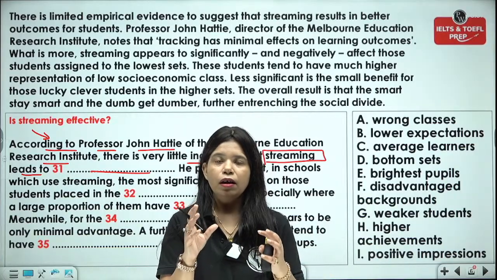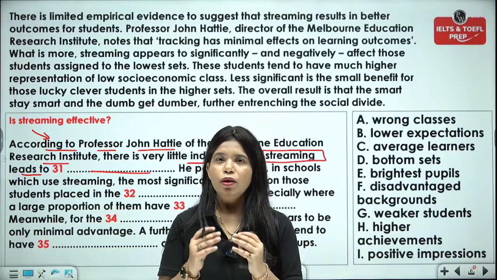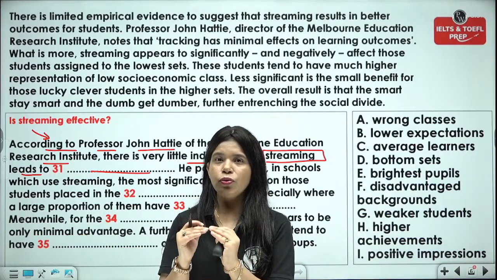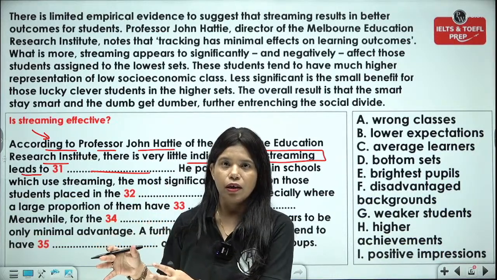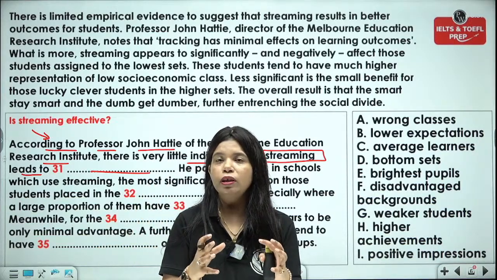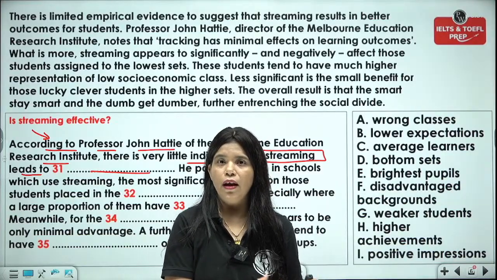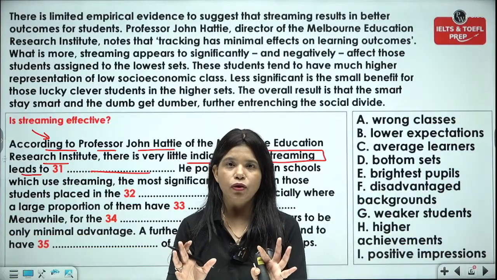That means students who are of average level intelligence are put in one class. Students who are below average level intelligence are put in one class. Students who are intelligent, who are above average, are put in another class. So when you club students based on their intelligence level and put them separately in one class, that concept is known as streaming when we talk about education.